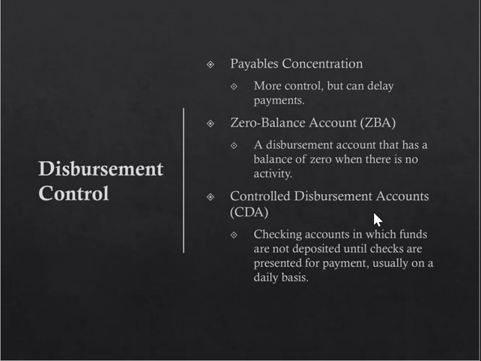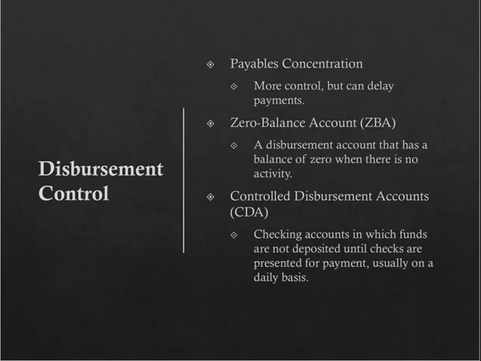If the amount is negative, it'll either sweep money out of your savings account or out of your line of credit to cover any outstanding checks. So your checking account is always at zero, but you are sweeping against either a savings account or a line of credit for any excess or deficiency.